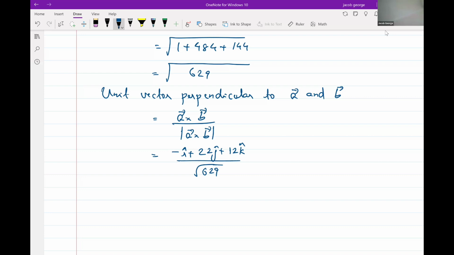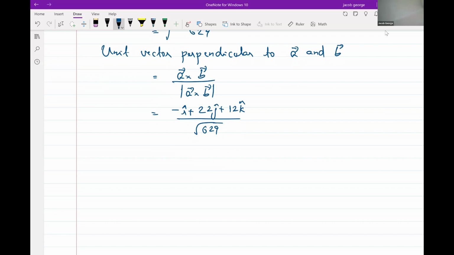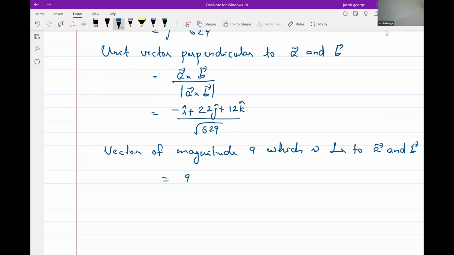What is the last step? Multiply this with a 9. So, the vector of magnitude 9 which is perpendicular to vector A and vector B is 9 times that above unit vector.